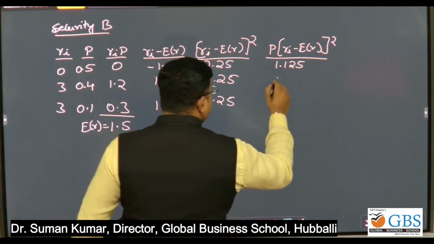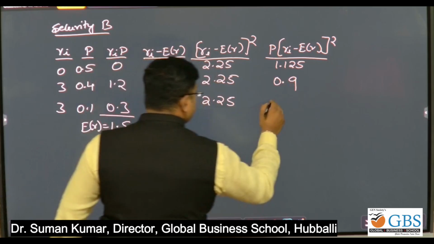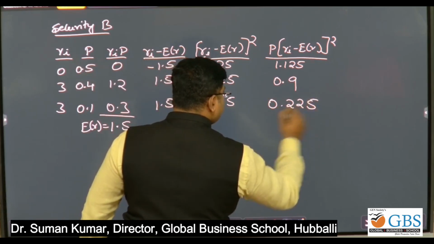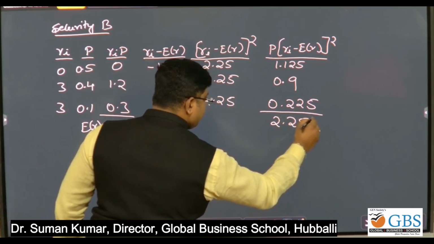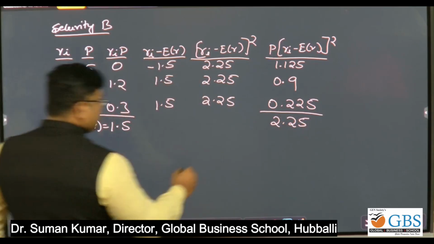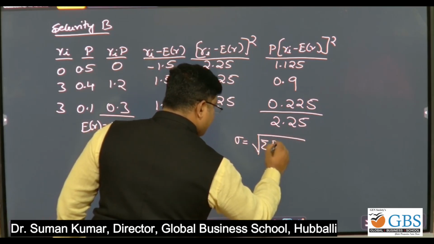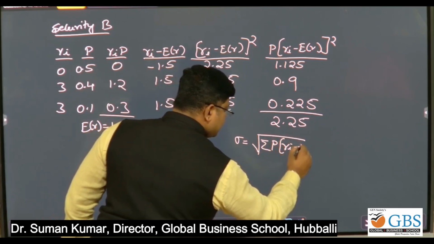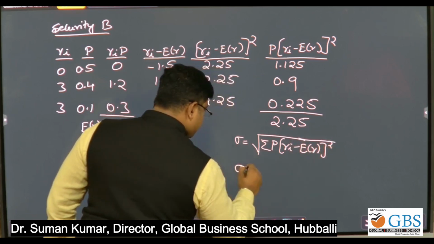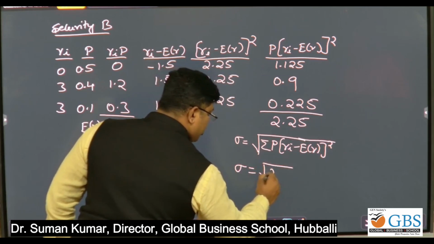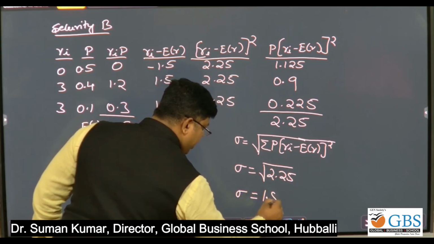Next 0.9, next 0.225, sum 2.25. So standard deviation is equal to square root of summation P into Ri minus E of R whole square, that is standard deviation is equal to square root of 2.25. Answer 1.5.